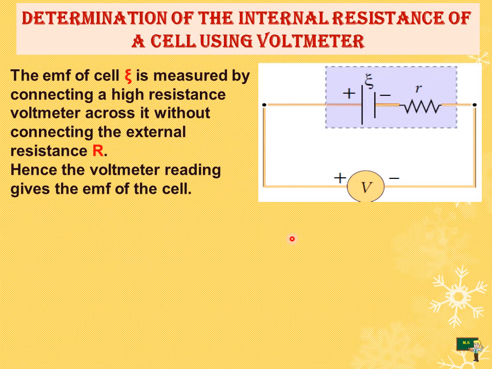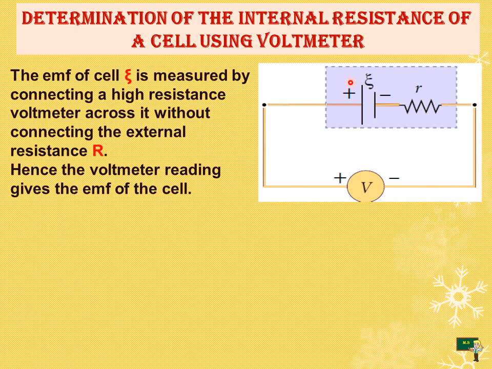Here you can see a picture of a voltmeter which is connected in a circuit. The positive side of the battery is connected to the positive side of the voltmeter, and the negative side of the voltmeter is connected with the resistance and with the negative side of the battery.